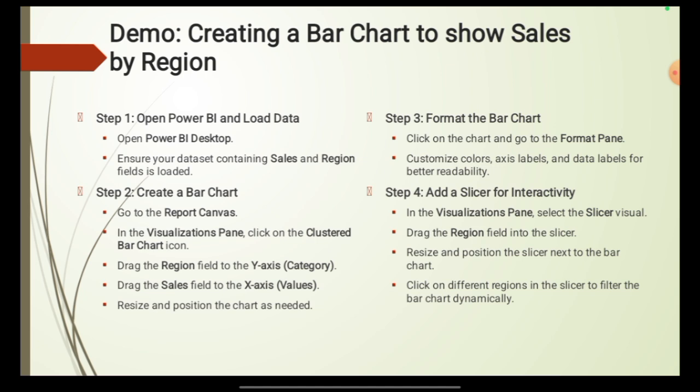Drag the region field into the slicer, then resize and position it next to your bar chart. Clicking different regions in the slicer will dynamically filter the bar chart, improving the report's interactive experience. So this can be said as per the details mentioned over here. Now let us move to the next discussion part.